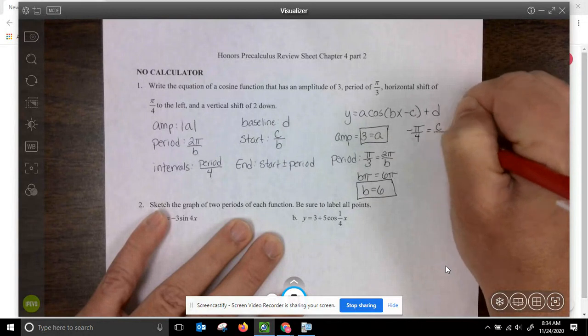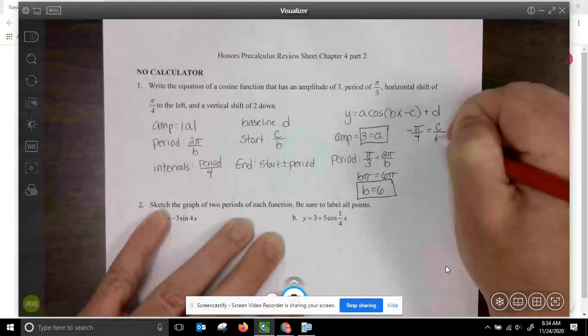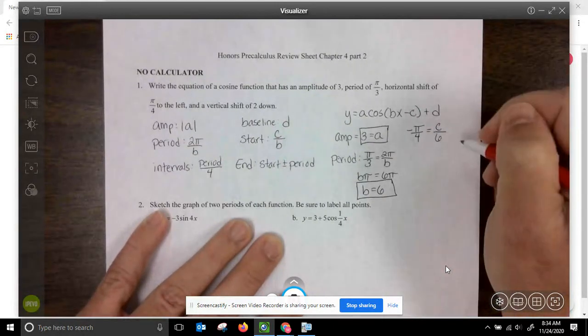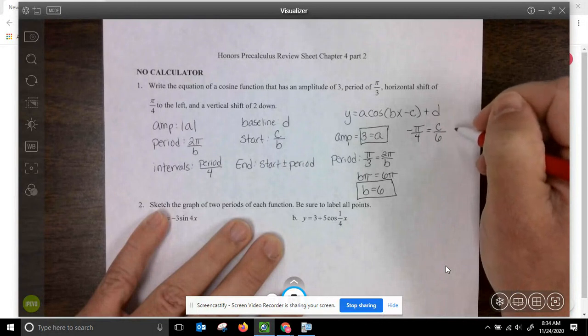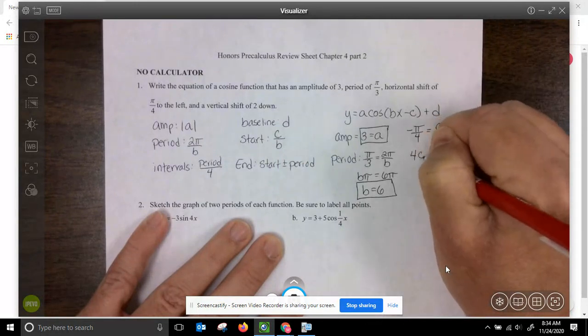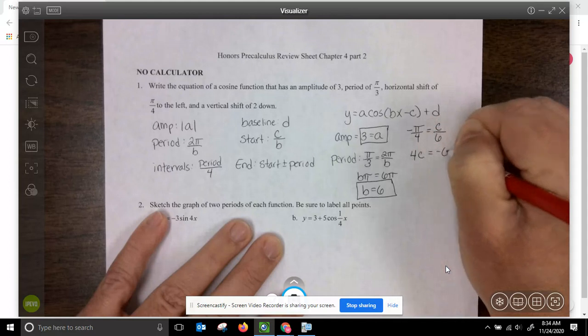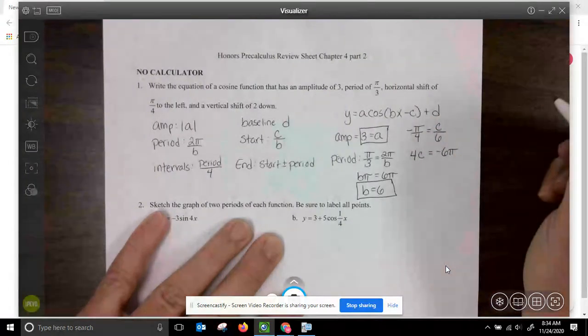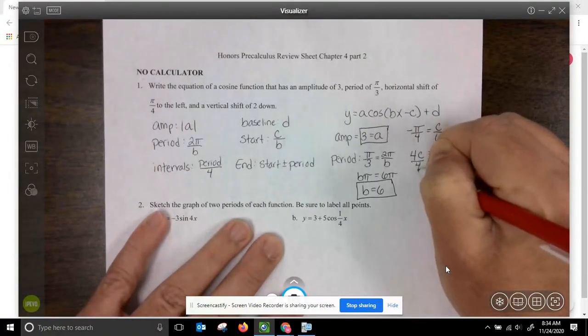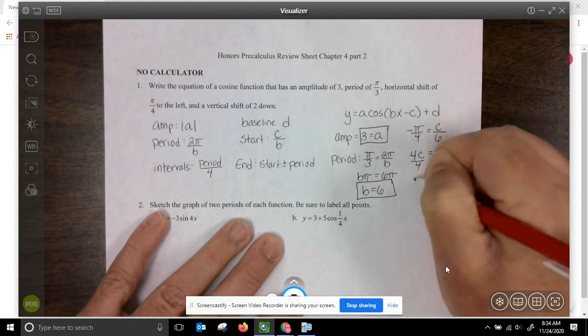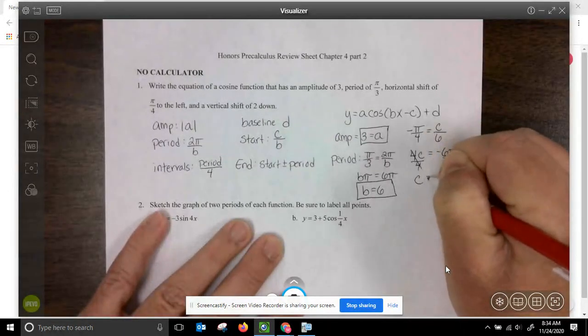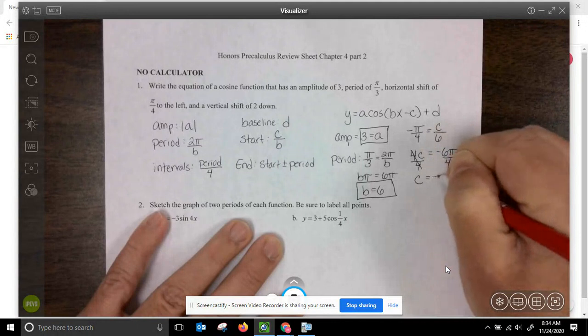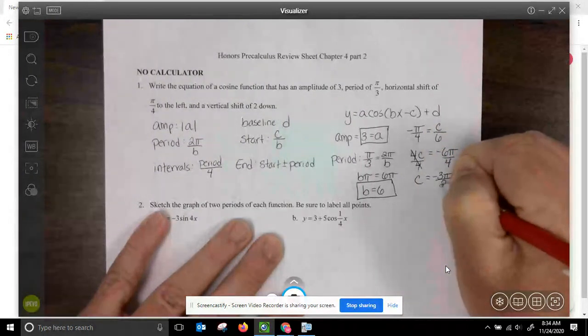We don't know c, but we did just find b, so that's 6. Again, we can cross multiply here, and we're going to get 4c is equal to negative 6 pi. So of course we just divide both sides by 4, and we get that c, if we reduce this, is negative 3 pi over 2.